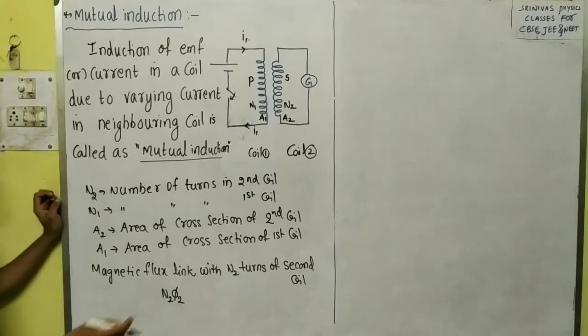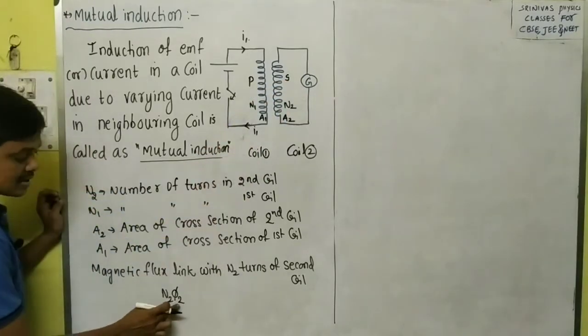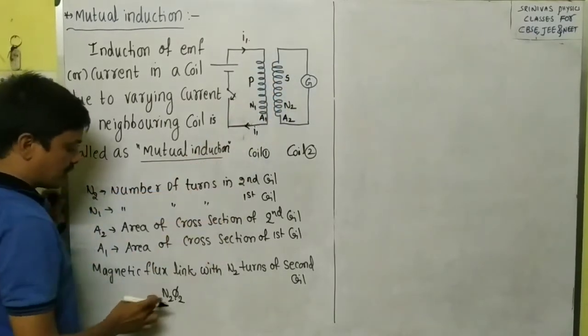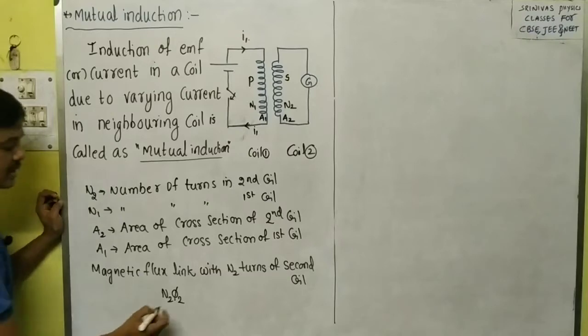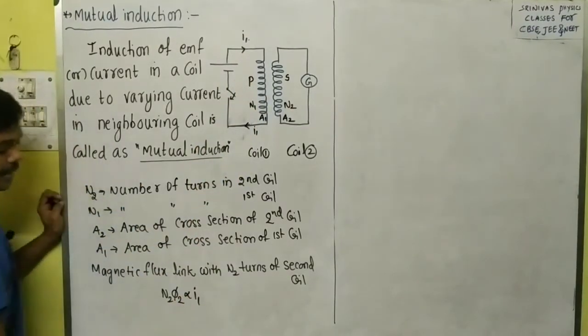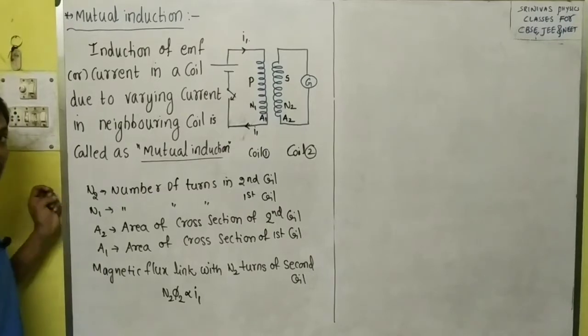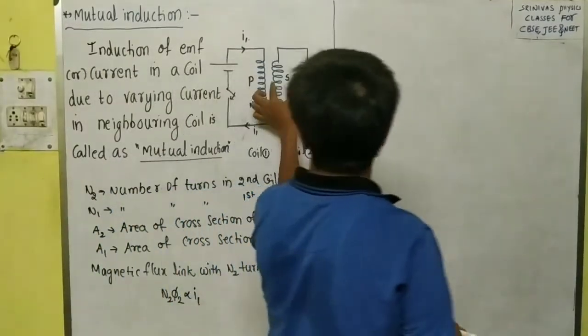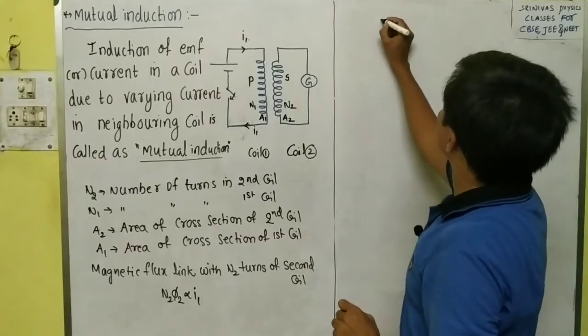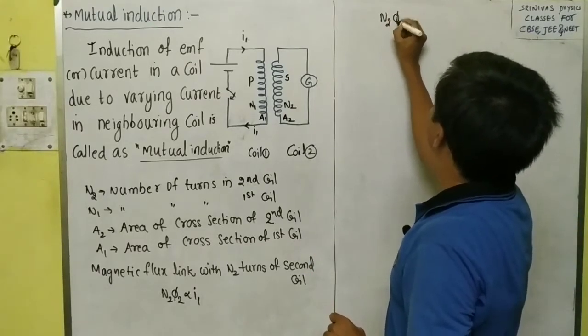Phi 2 is the flux linked with one turn of the second coil, and N2 phi 2 is the flux linked with the N2 turns of the second coil. That depends upon the current in the first coil. When the proportionality is removed, we get a constant.